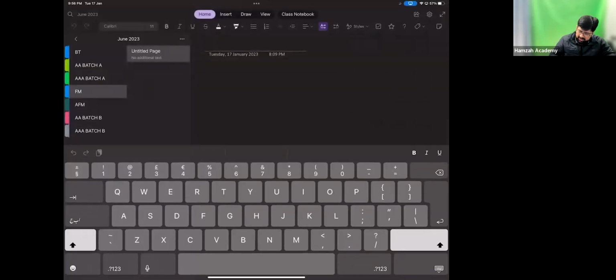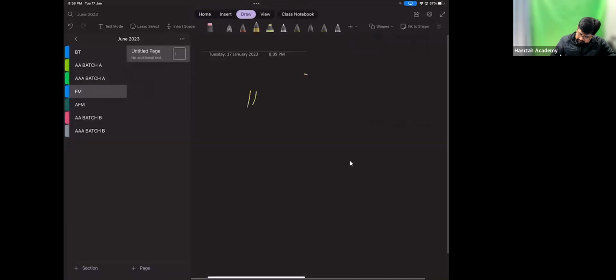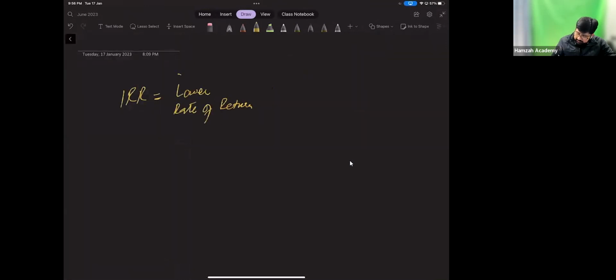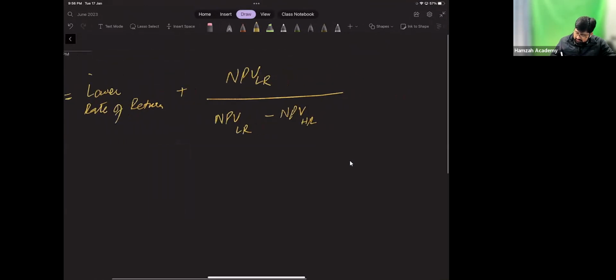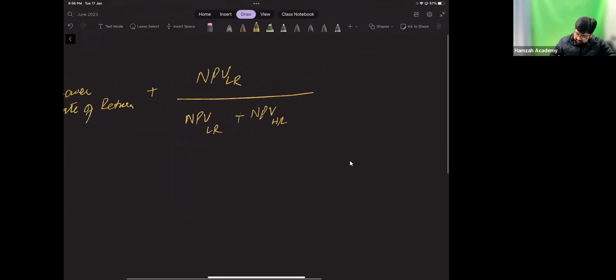Yes, students, IRR, the formula, please note down. Lower rate of return plus NPV at lower rate over NPV at lower rate minus NPV at higher rate, into higher rate minus lower rate.